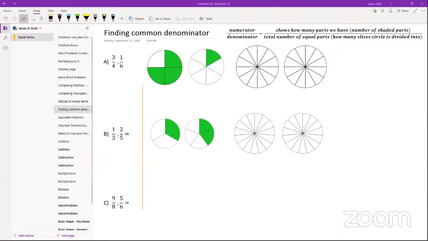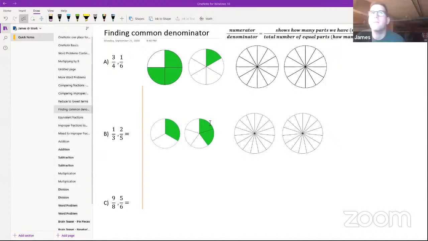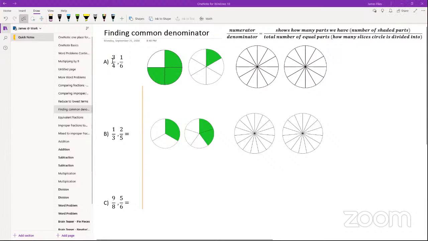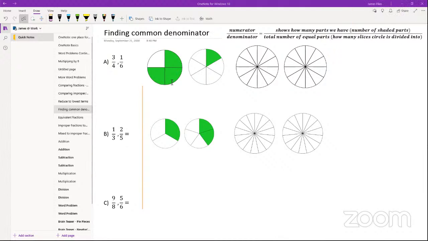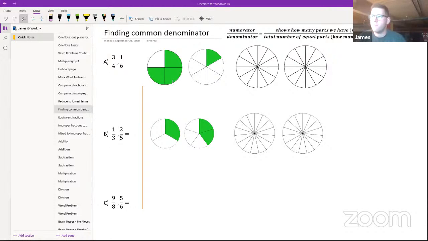You see on A, the big number is down, which is the same thing as the denominator. And so the shaded number goes on top. That's right. So if you divide a pizza up into 4 slices and you have 3 of them, then you have 3/4 of the pizza.